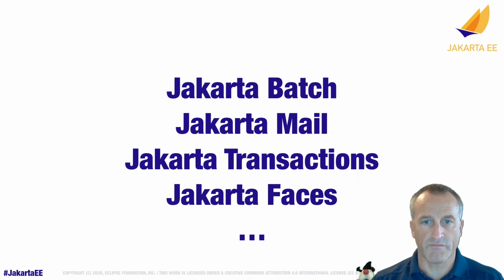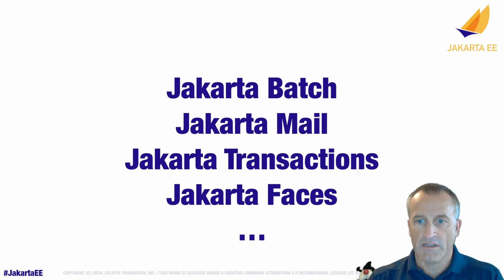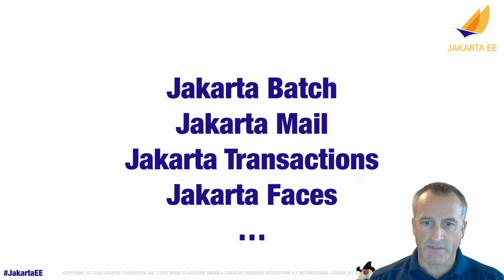And there are updates to most of the other specifications. There is traffic going on, maybe updates to Jakarta Batch, Mail, Transactions, Jakarta Faces. So if you're interested in one of these specifications or technologies, please join the mailing lists there and engage in the discussions going on there.